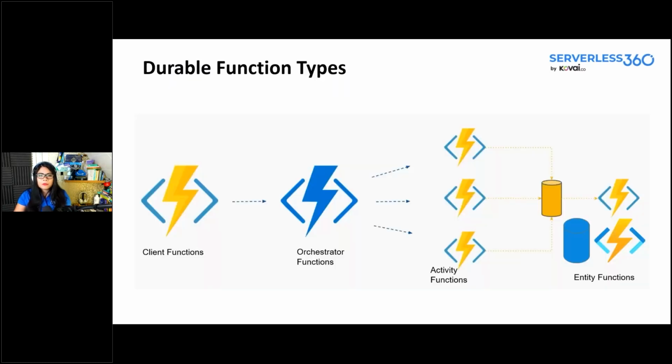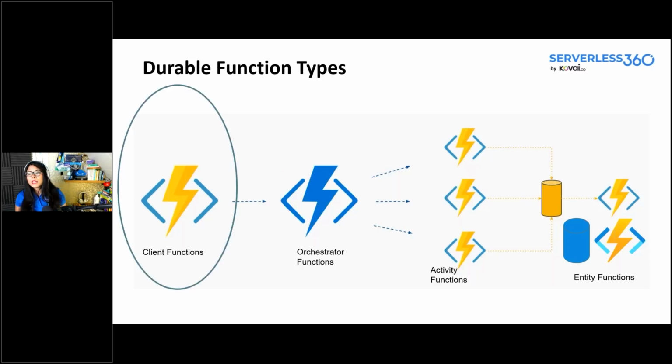And going back to durable functions, as mentioned, there are several types. There's the client function that is used as the starting point of your orchestration. Your client function is the one that triggers the orchestrator.